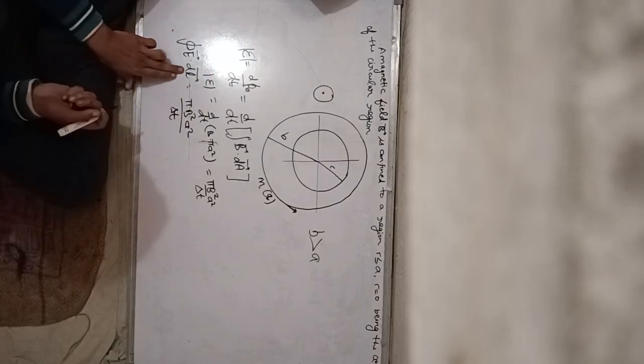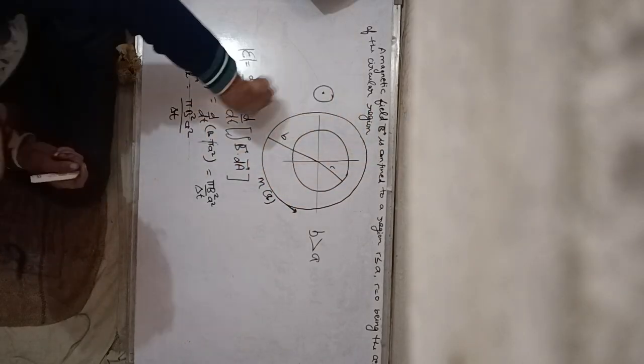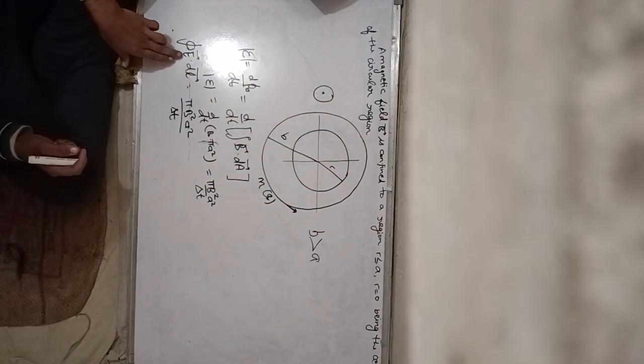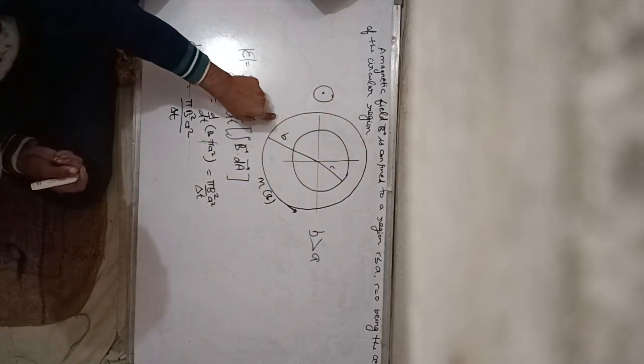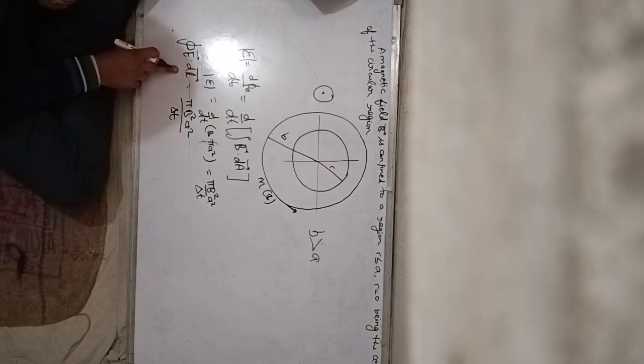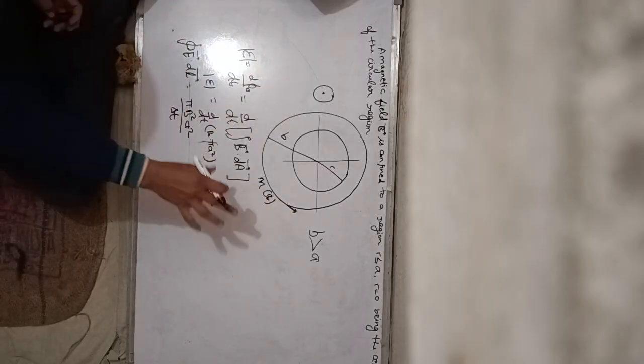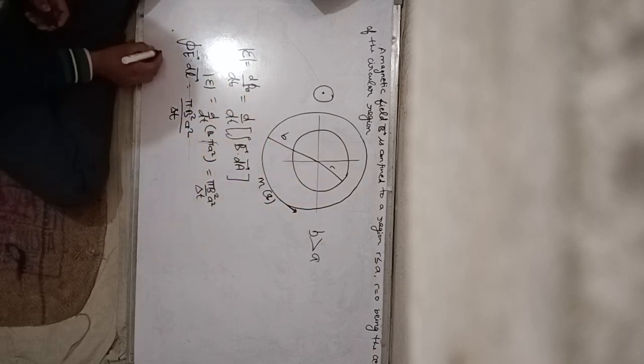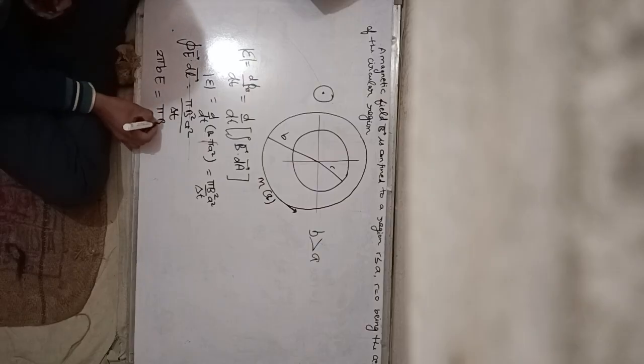Now this dl vector is along the ring, this whole ring, because the E vector will be produced in this ring, because this EMF will be produced in this ring. So what is the integral of dl? All the angles will be zero at all times. So this will be 2 pi b E equals pi B A square upon delta t.